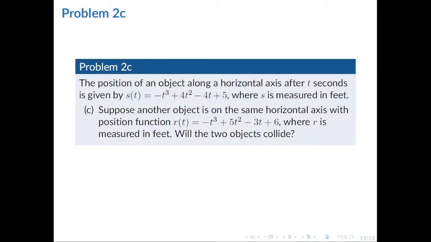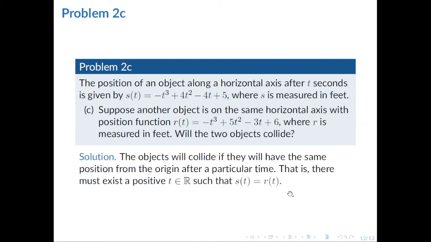So our next concern: suppose another object is on the same horizontal axis with position function r of t equals negative t cubed plus 5t squared minus 3t plus 6, where r is measured in feet. The question is, will the two objects collide? The two objects will collide only if they have the same position from the origin after a particular time.